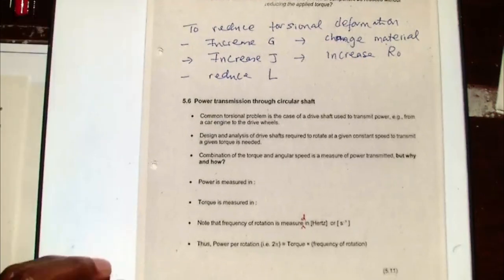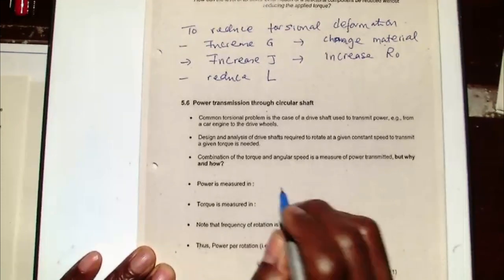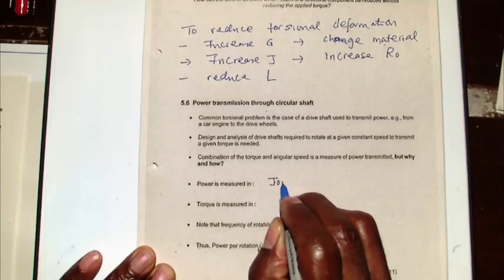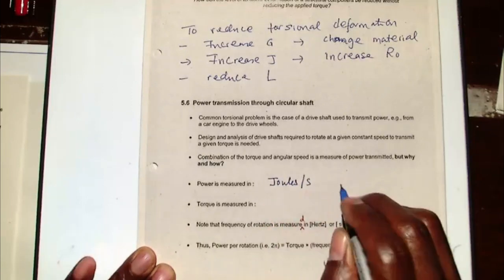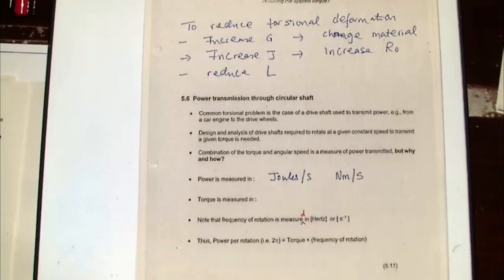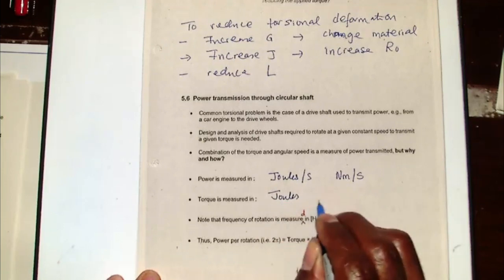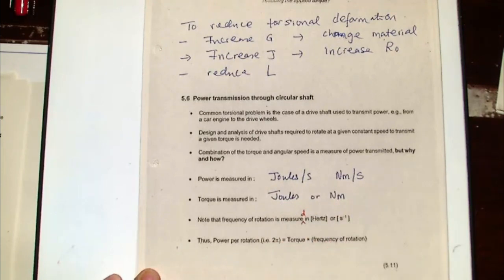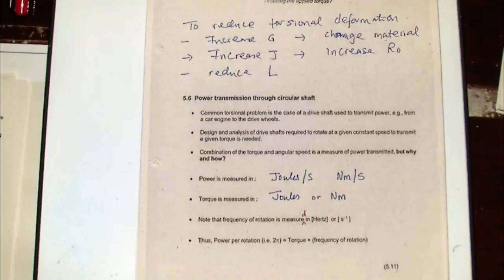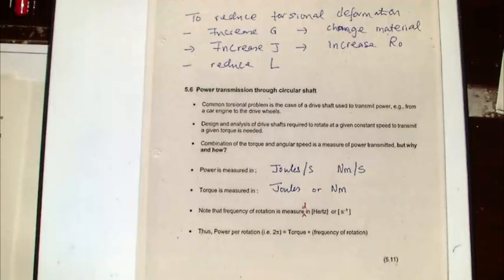So we know that power is measured in joules per second, which is Newton meters per second. And we know that torque is measured in joules, or just Newton meters. So there's a link between the two.